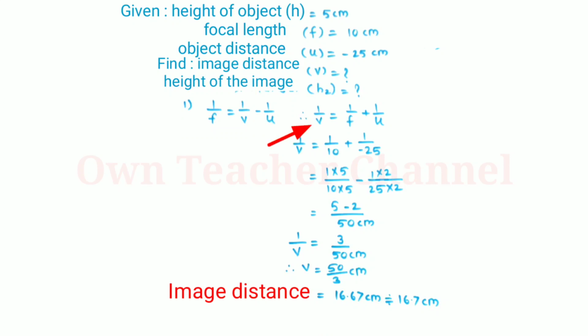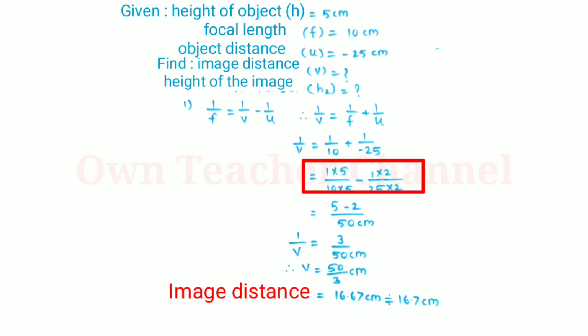And here we know the value of f and u, so we will keep value. 1 upon v is equal to 1 upon 10 plus 1 upon minus 25. To equal the denominator, 1 into 5 upon 10 into 5 minus 1 into 2 upon 25 into 2.